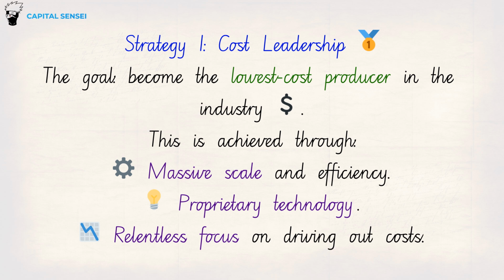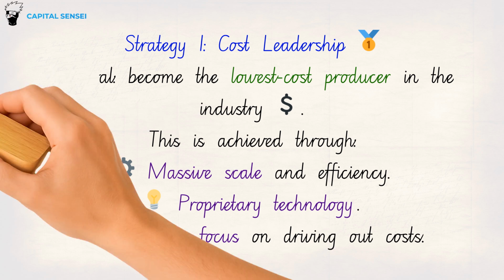A cost leader is obsessed with efficiency. They achieve this through things like massive scale, proprietary technology, preferential access to raw materials, or incredibly lean operational processes. They are relentless in driving costs out of every part of their business.